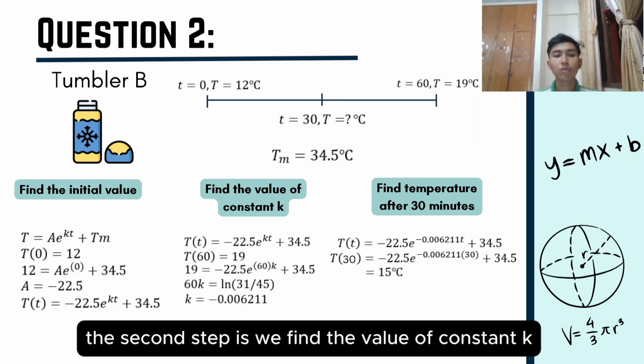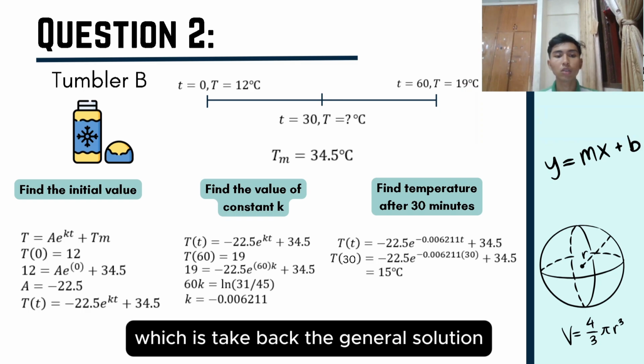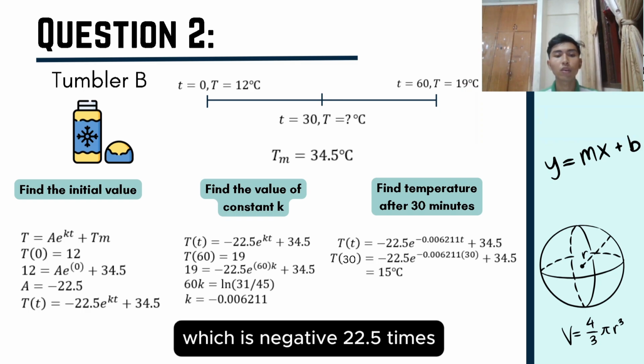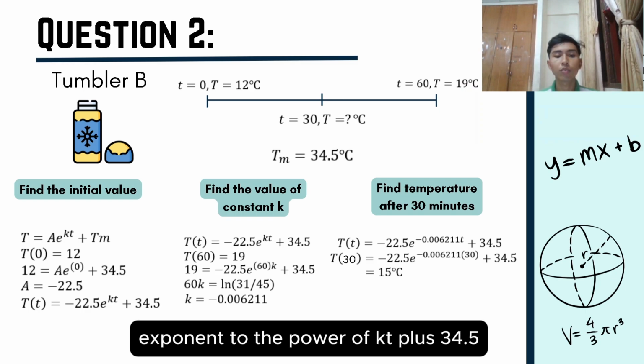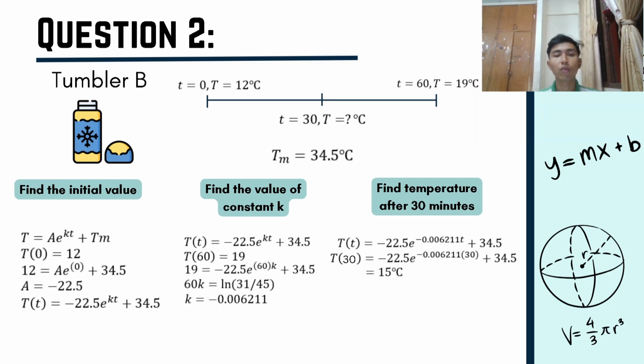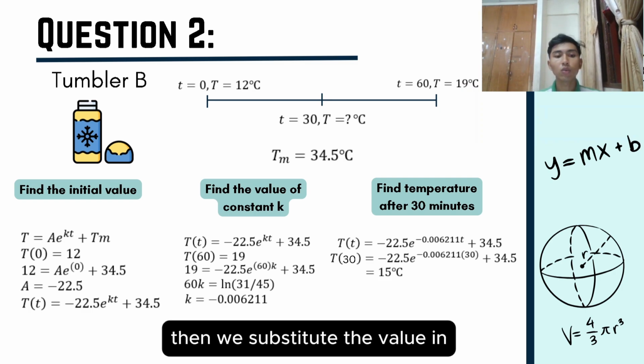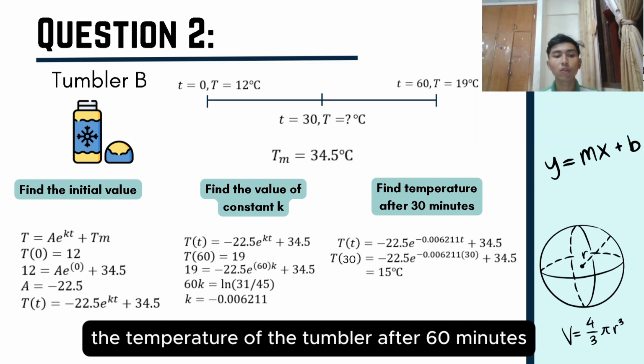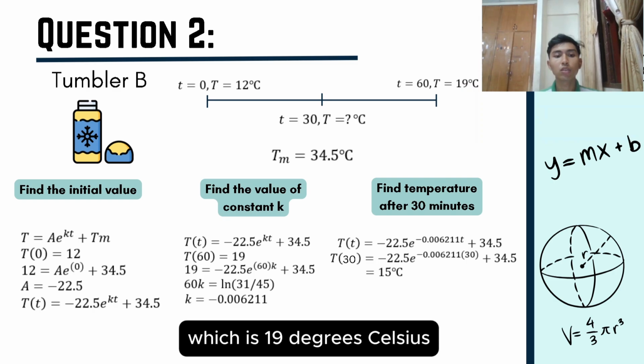The second step is we find the value of constant k. We take back the general solution, which is negative 22.5 times e to the power of kt plus 34.5. Then we substitute the temperature of the tumbler after 60 minutes, which is 19 degrees Celsius.